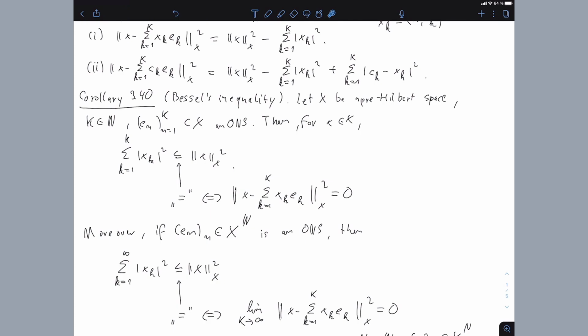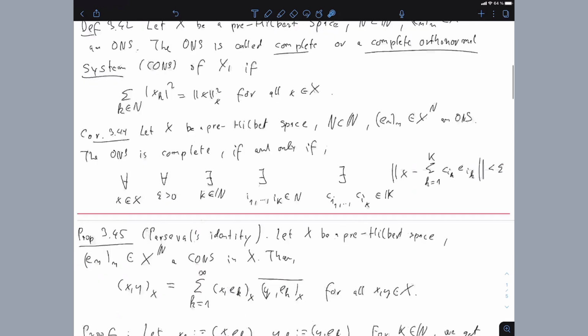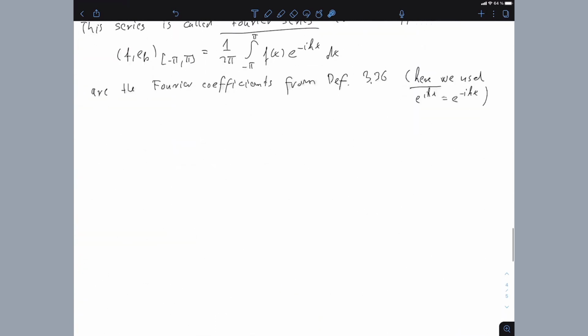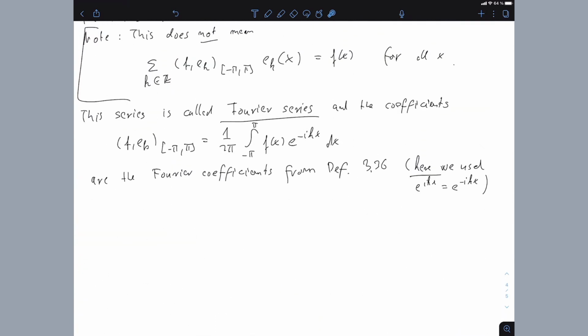But it's equivalent due to the unconditional convergence.